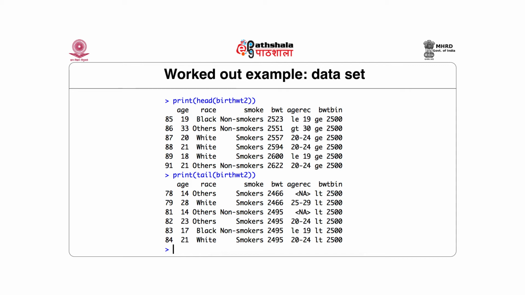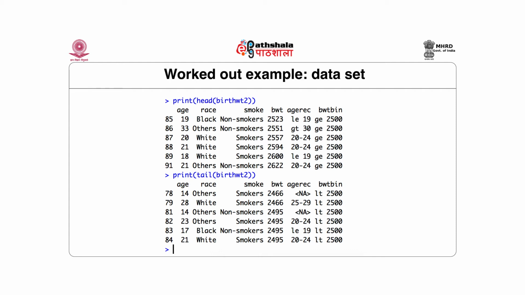We have only taken out whether the women were younger or older, what their race was, whether they were smokers or non-smokers, and what was the exact birth weight of the babies that they had delivered. And then what we had done was convert the age from continuous data into categorical data: less than 19 years, 20 to 25, 25 to 30, and 30 years and above.